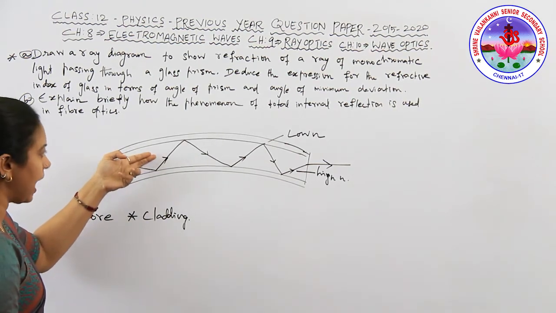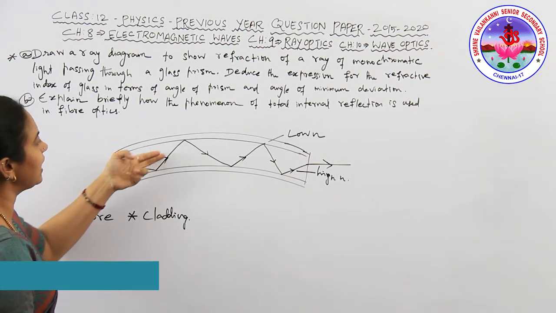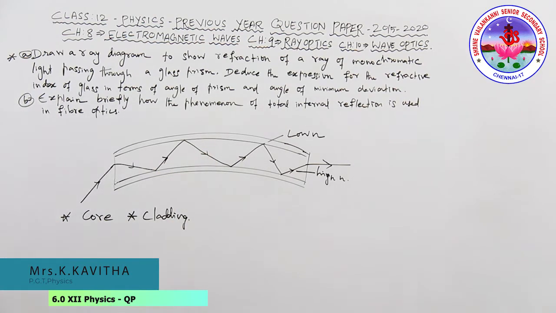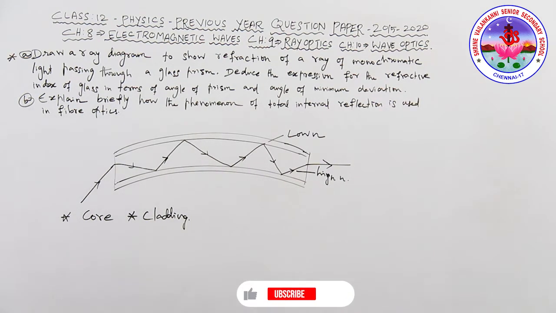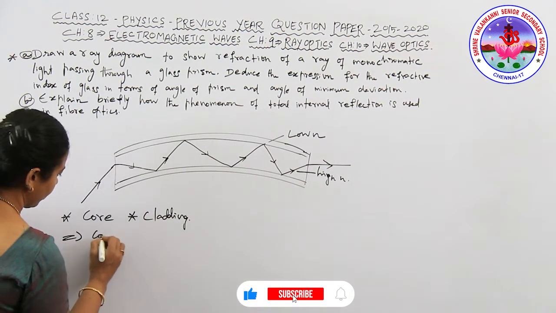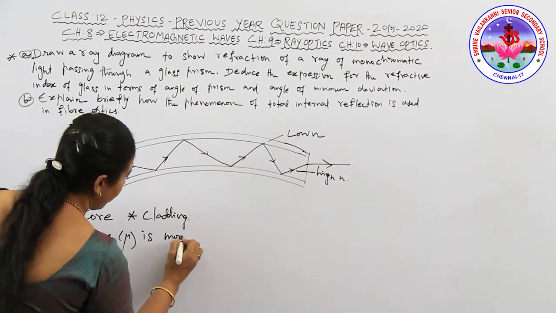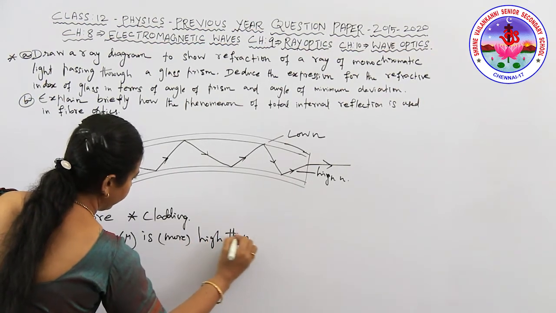The core has a high refractive index and the cladding a low one, so the signal goes along as a good digital wave. The refractive index of the material of the core is higher than that of the cladding.